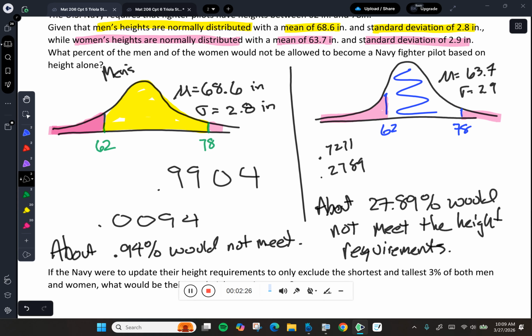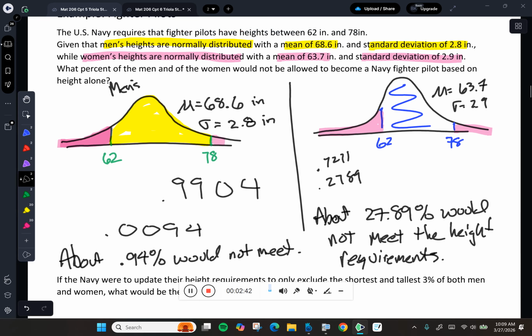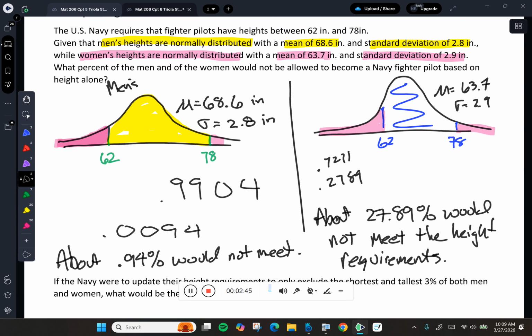Now, if you're wondering why we couldn't do these two together, like lump them all together, it's because the two populations are different. They have different means and different standard deviations, so we had to treat them as two different populations. All right, so here we have our first example of a normal distribution problem where it's not just a generic standard normal that means nothing. It's, hey, here's some information that has meaning. It has units of measure. It has an outcome that affects people.